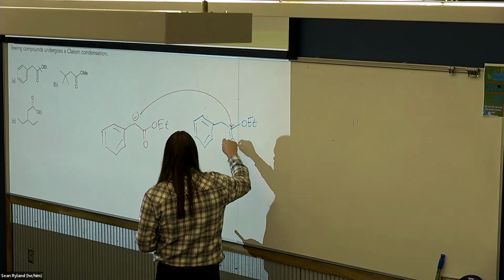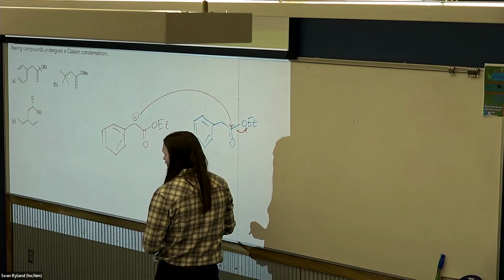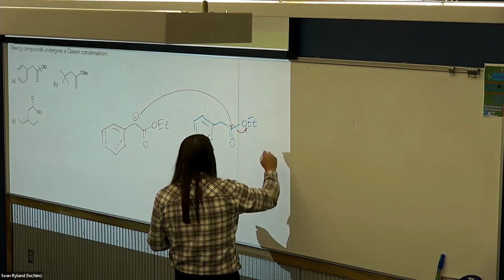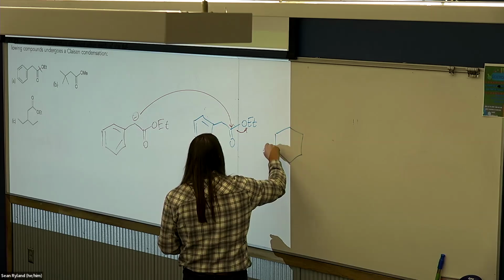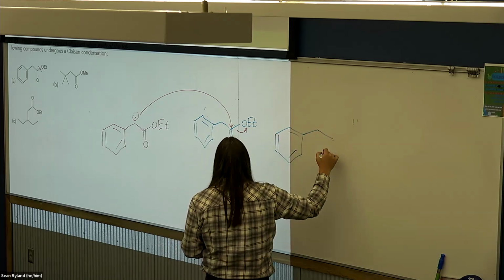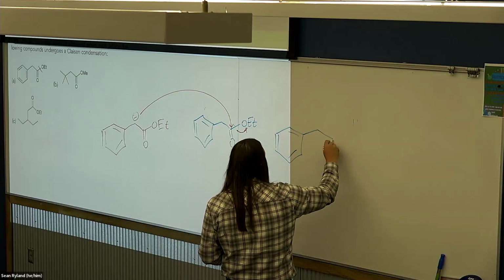And I'm gonna draw two mechanism steps once to then take that off, right? So we're gonna wind up with that, and we just have two of them always.